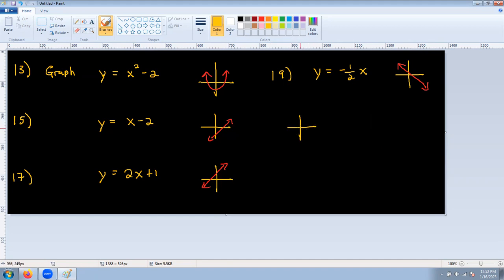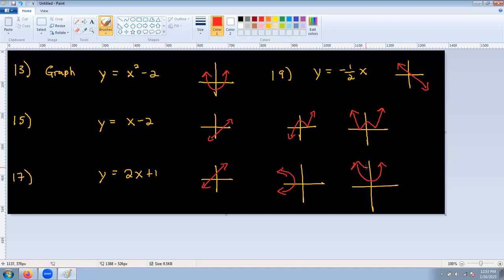So these are some functions right here. You can have other functions that do things like this. You can have a W. You can have a sideways U like this. And you can have a parabola that looks like this. Okay, great.